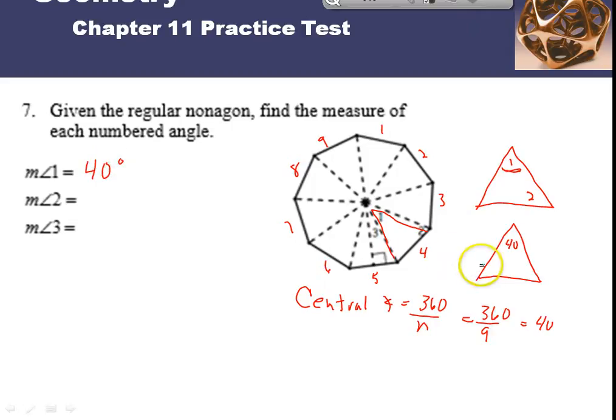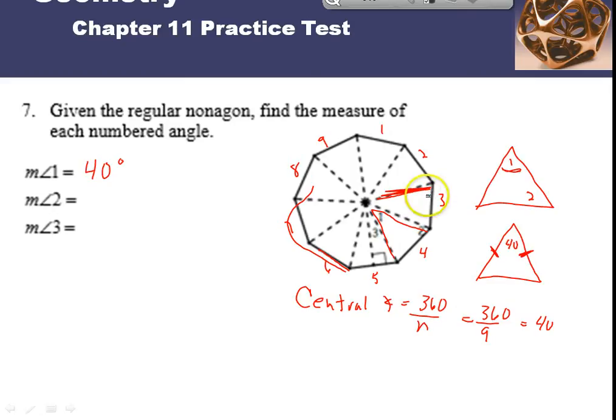Okay, now to find angle 2, I know that this is an isosceles triangle. The reason I know this is, if I were to draw a circle around this, then all of these dashed lines here would be radii of a circle.